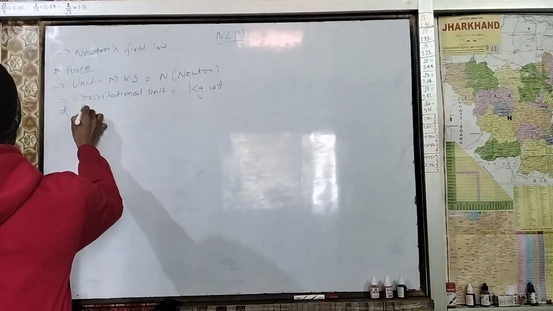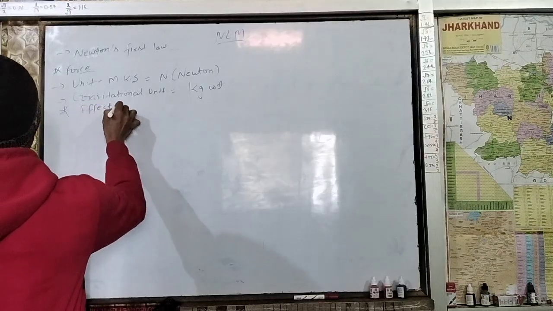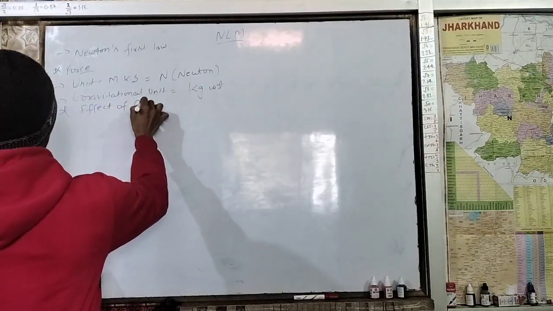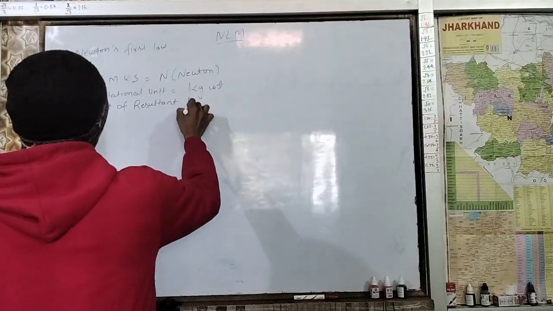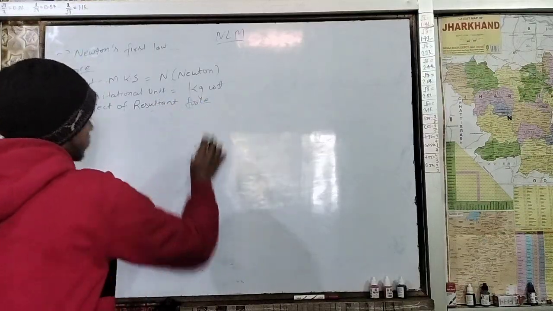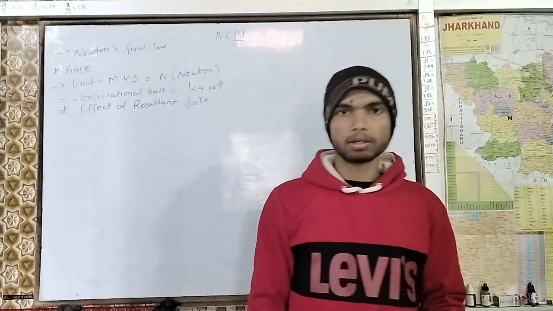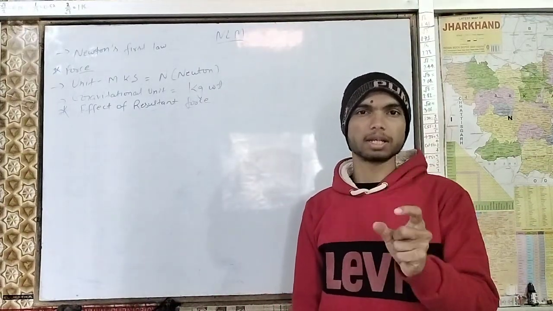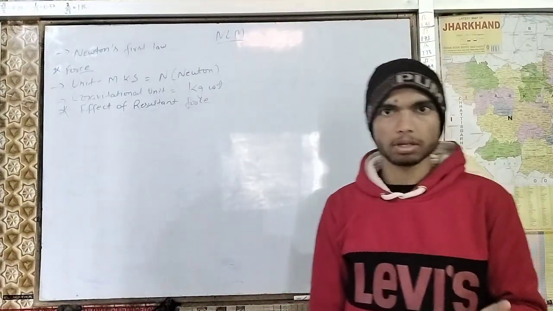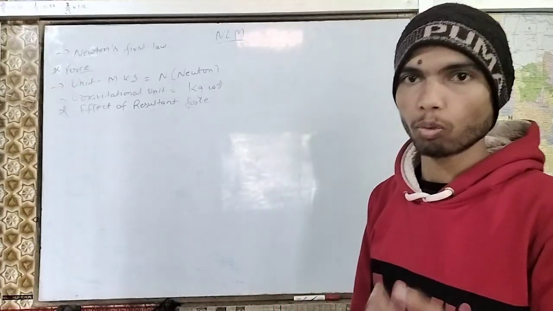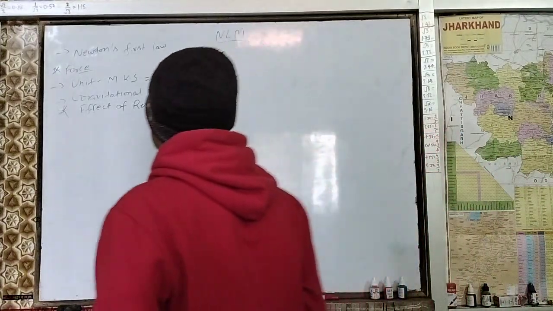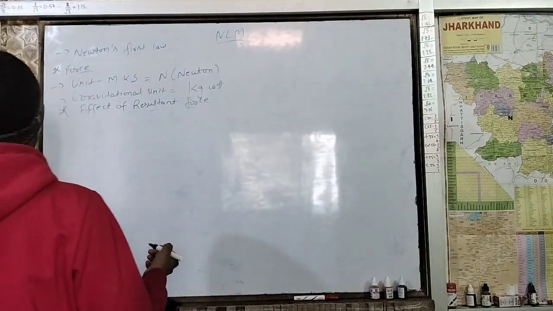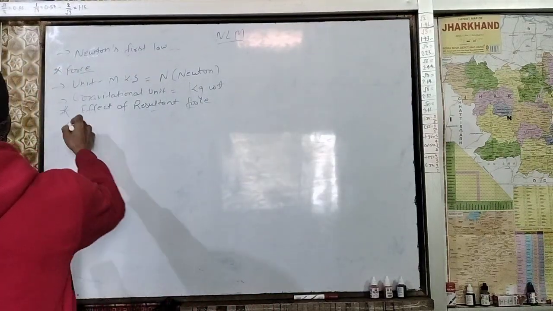Next is the effect of resultant force. Resultant force means whatever force we applied, what comes as a result is known as the resultant. So what are the effects of a resultant force?